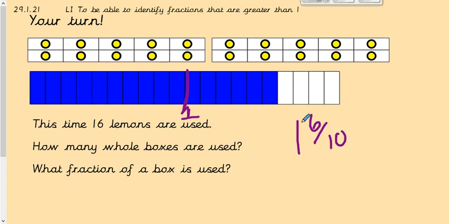So 1 and 6 tenths lemons were used out of the boxes. And if you wrote it as an improper fraction, it would have just been 16 tenths. It's been really laggy. I'm really sorry. There we go. Okay, so hopefully that helped a bit with your learning.